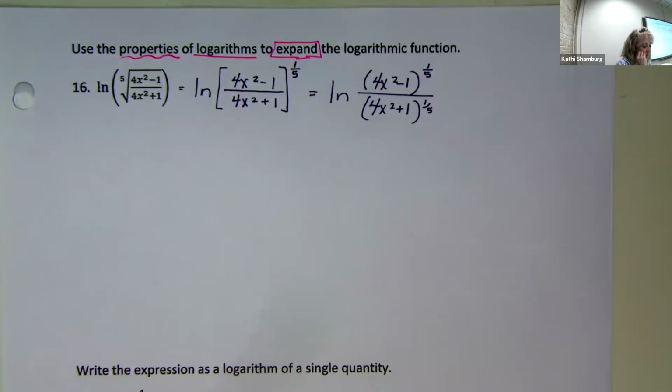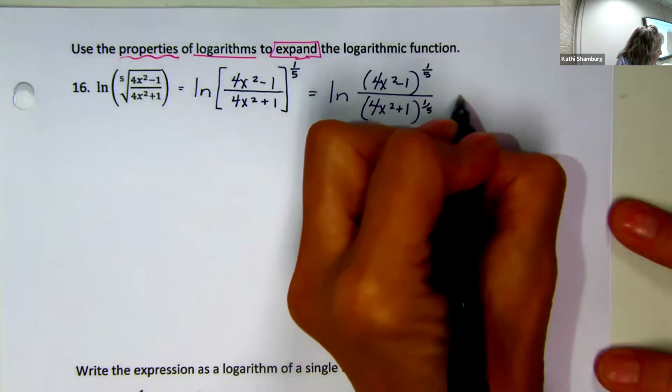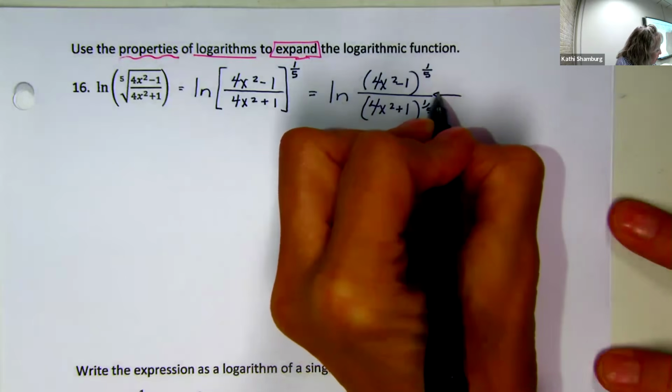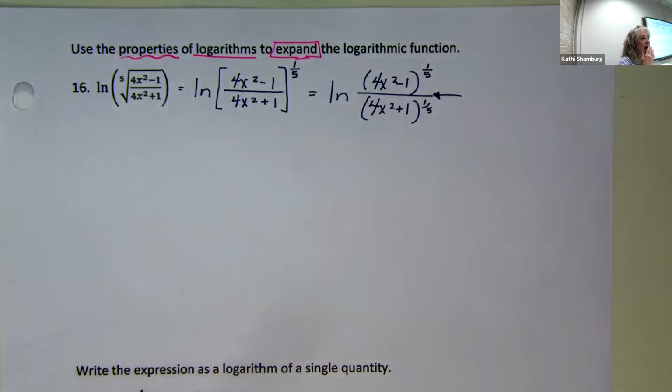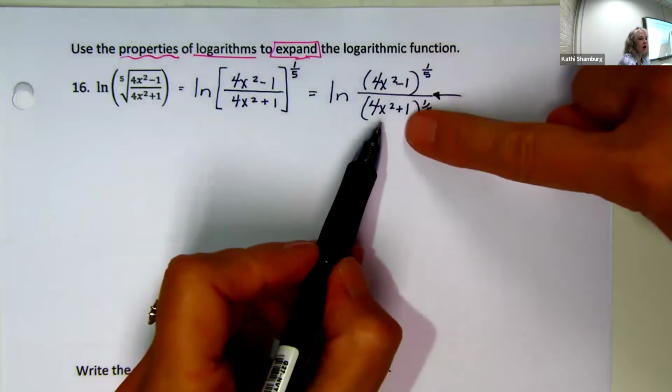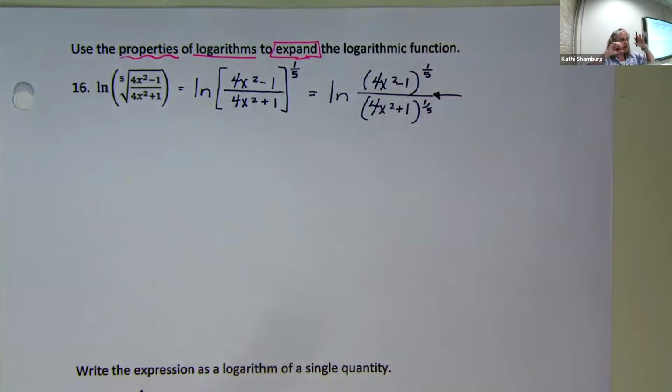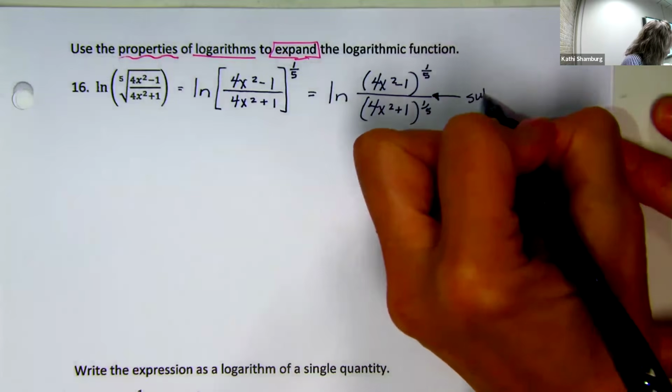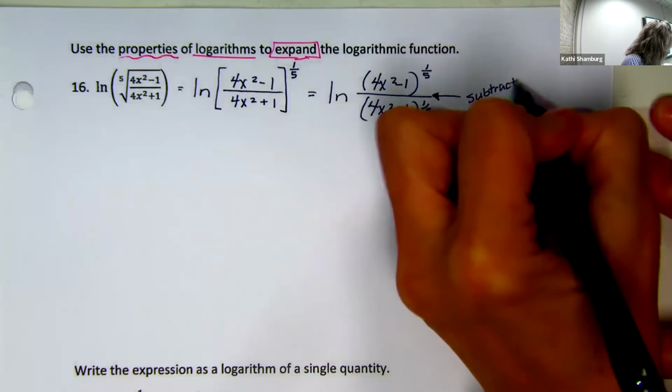Does anybody recall what the log property is for division? I can separate this numerator and denominator so it's not a fraction anymore, as long as I know what that property is. It's an operation. Subtraction.